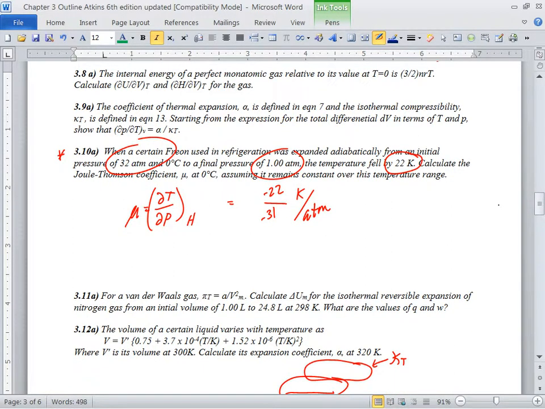Let's see if we can get 3.8. I remember that.